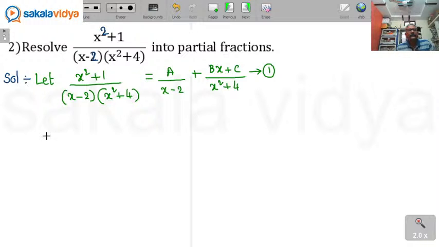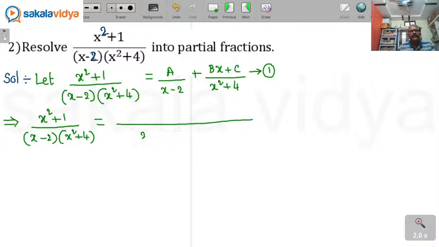You might have understood this one. So next we need to simplify this. x square plus 1 upon x minus 2 times x square plus 4 equals, here the LCM is x minus 2 times x square plus 4. Now x minus 2 times x square plus 4 divided by x minus 2, the x minus 2 gets cancelled.